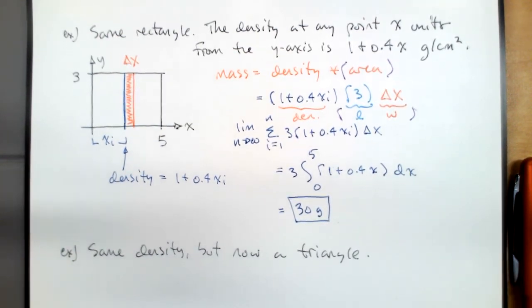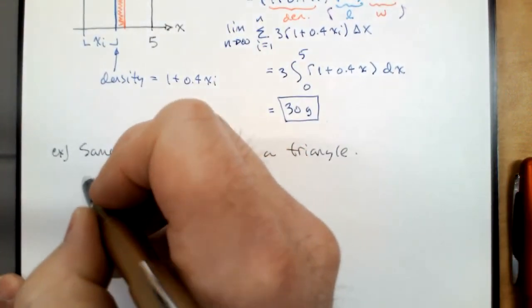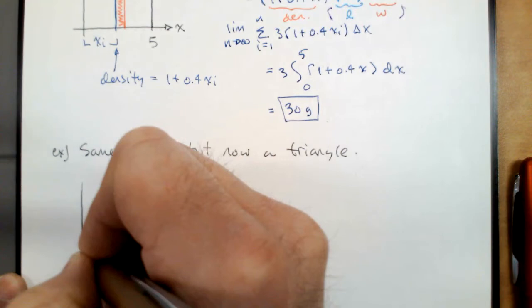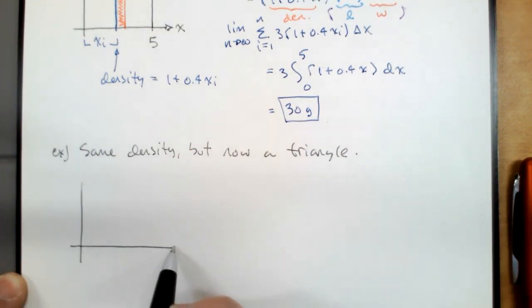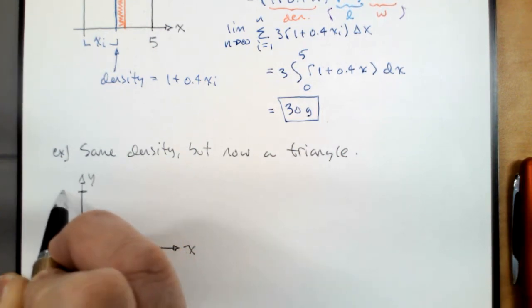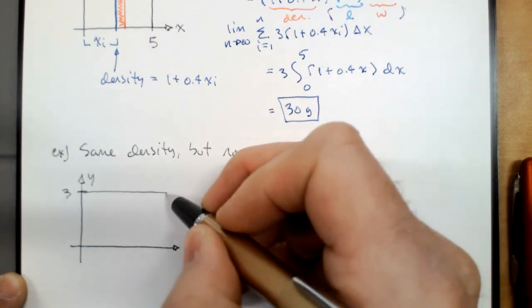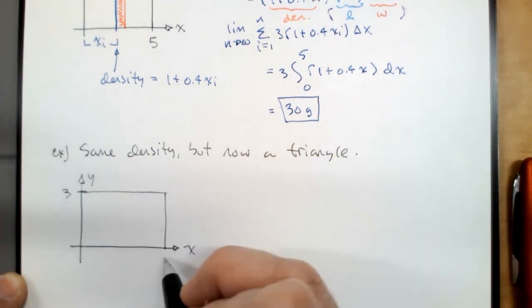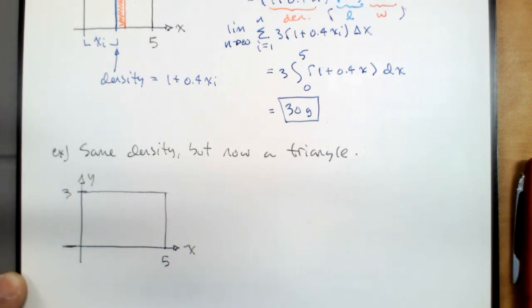I'm gonna do the same density, but now we're gonna have a triangle. Oh, that's a rectangle.